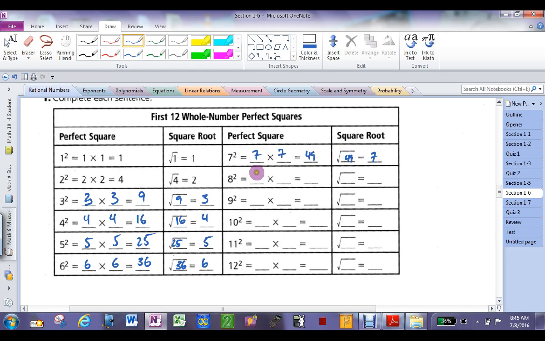It will make your life, like I say, infinitely easier as you go further ahead in math. But as you can see, it didn't take me very long to fill it all in. Remember, the big numbers are what? The squares or the square roots? The squares. And the smaller numbers are the roots.